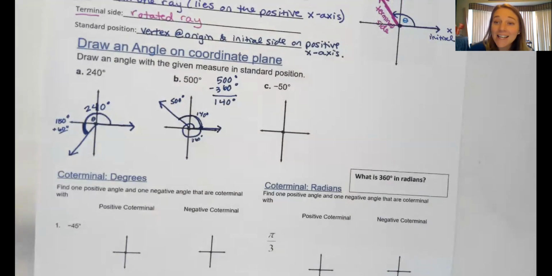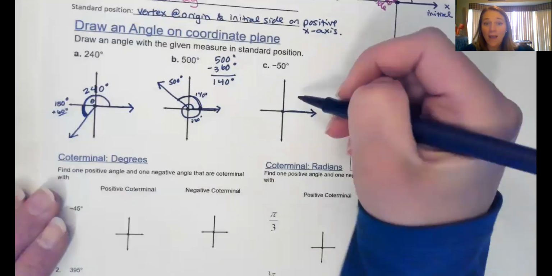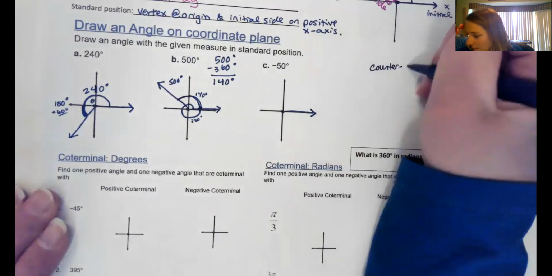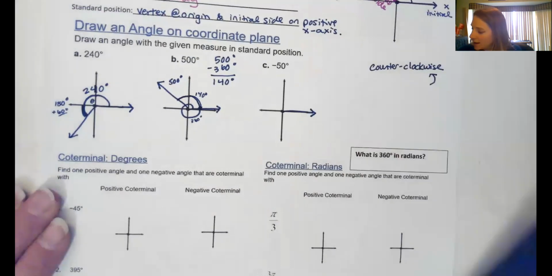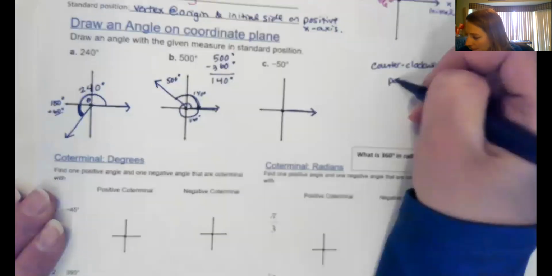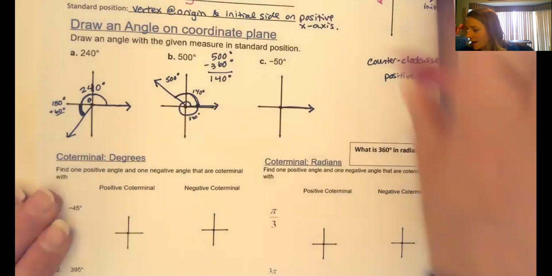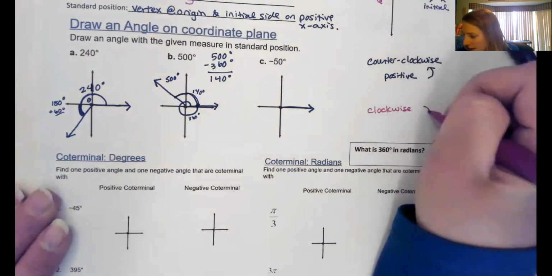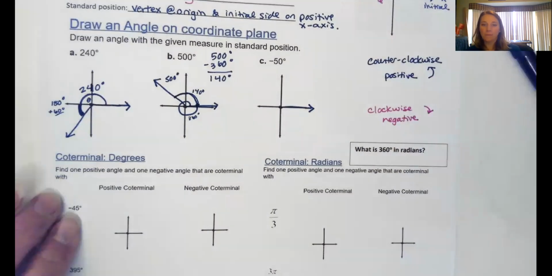All right, and then part C, we get a negative angle. So here's our initial side. And instead of going counterclockwise, which is this way, that's our positive motion, if we're going negative, clockwise, which is this way, that's going to be a negative degree.